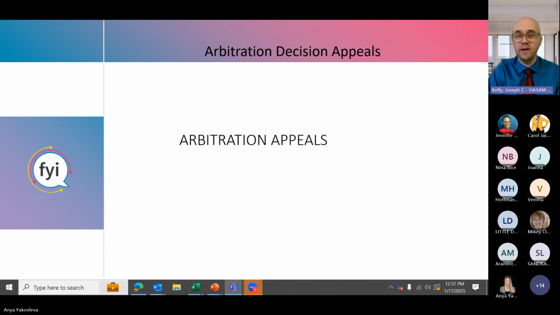I'm using the word appeal here because it's a better term at the introductory level. In the business, we call it filing an exception, but I prefer to just say appeal the decision. This is the third function of the Federal Labor Relations Authority: to make decisions on arbitration awards.